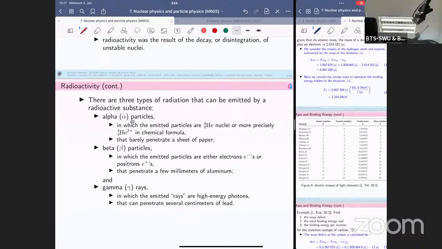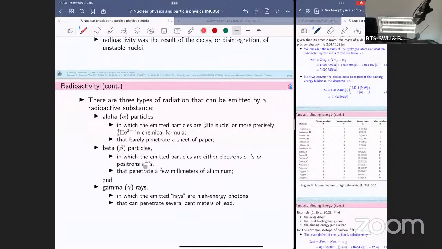Okay, alpha particles barely penetrate a sheet of paper. It cannot penetrate anything so well. Beta particles, the emitted particles are either electrons, negative, or positrons. Okay, positron, right? From the standard elementary table, you could get e+.